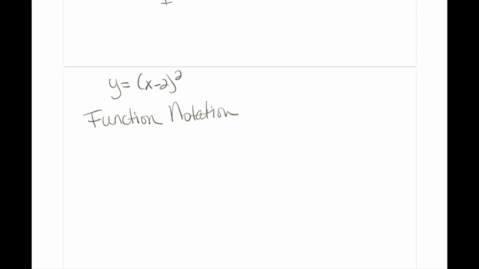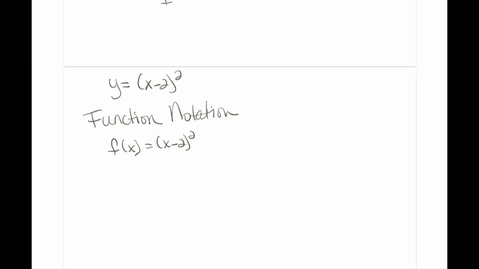So instead of writing the y, we're going to write this as f of x equals (x minus 2) squared. So the only difference is instead of writing y, we're writing it as f of x. And what we're ultimately saying is that this part is a function of x.